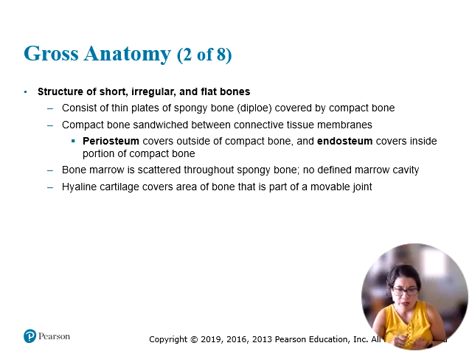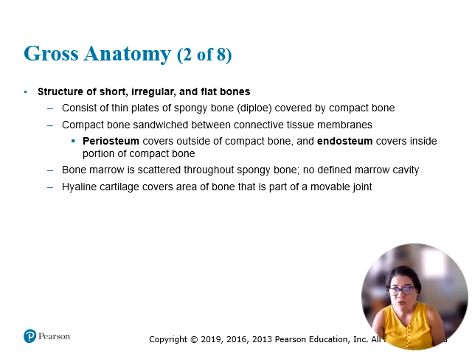So if you've ever peeled off some of the tissue off the bone when eating chicken, that's the periosteum, and it's kind of a thick layer. And then the endosteum is on the inside, like the inner wall of the bone. Depending on what bone, you're not going to have as much bone marrow.